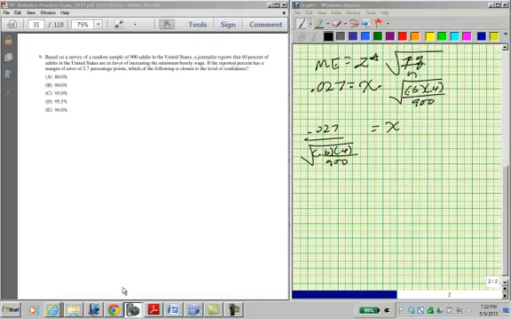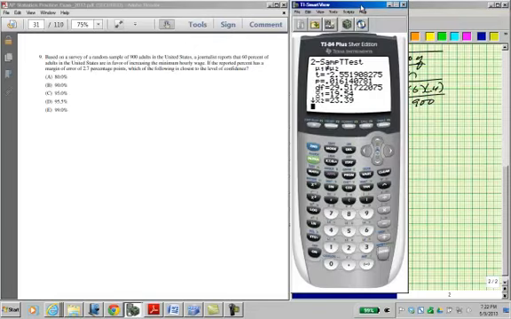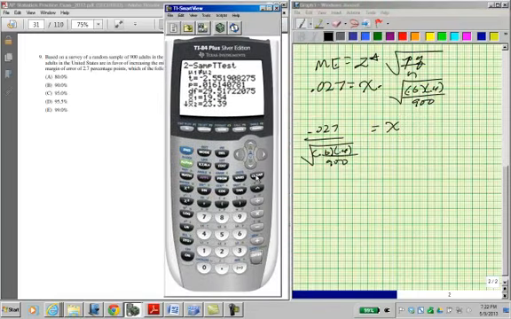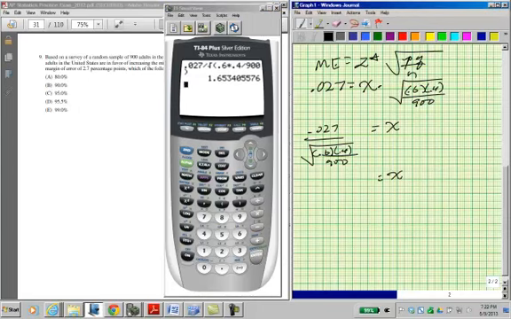So we'll get the calculator. Okay, and you can see it's 1.65, which is the Z star for 90%. So it's a 90% confidence interval.